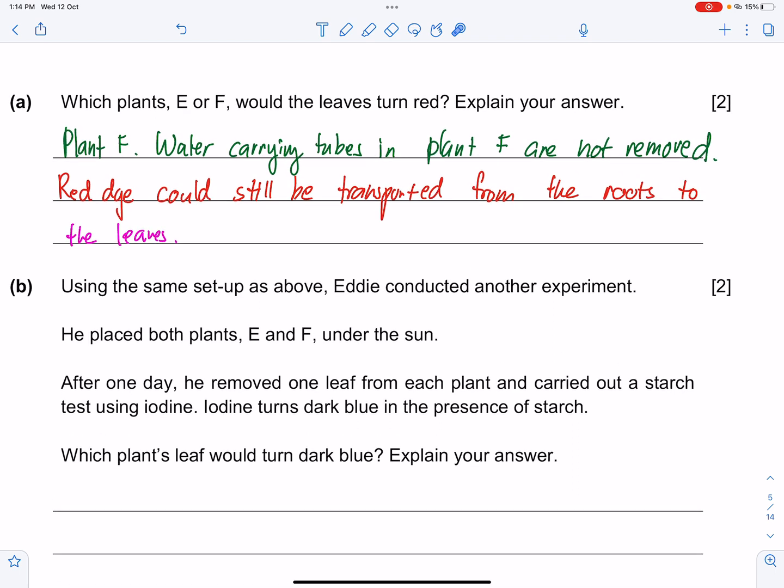Using the same setup as above, Eddie conducted another experiment. He placed both E and F under the sun. Now, after 1 day, he removed one leaf from each plant and carried out a starch test using iodine. So, if there is a starch test, you would know that they are talking about photosynthesis.